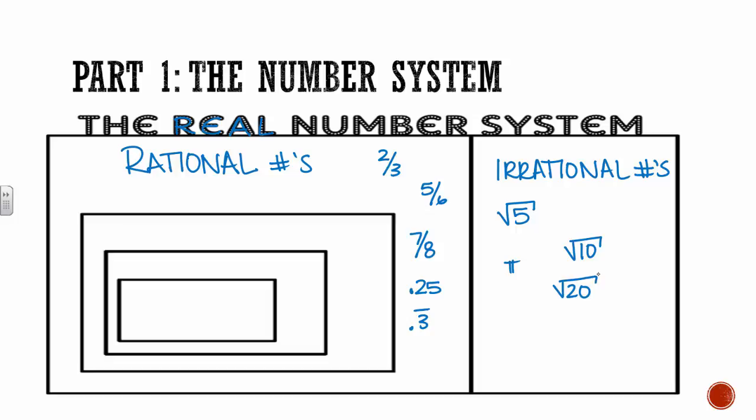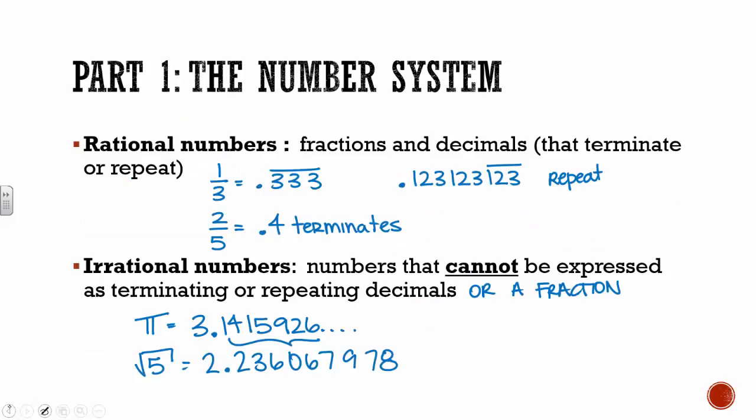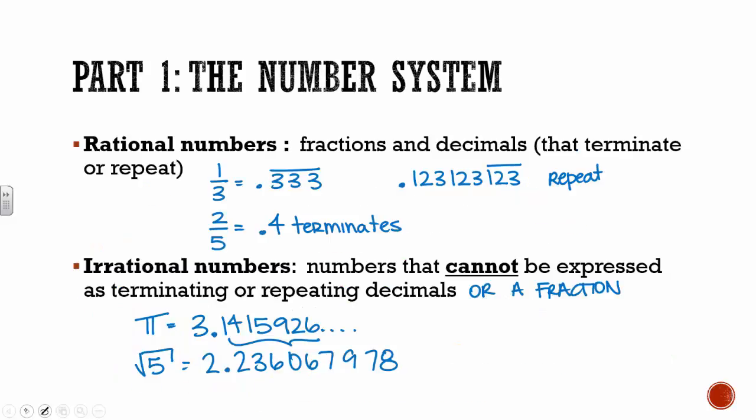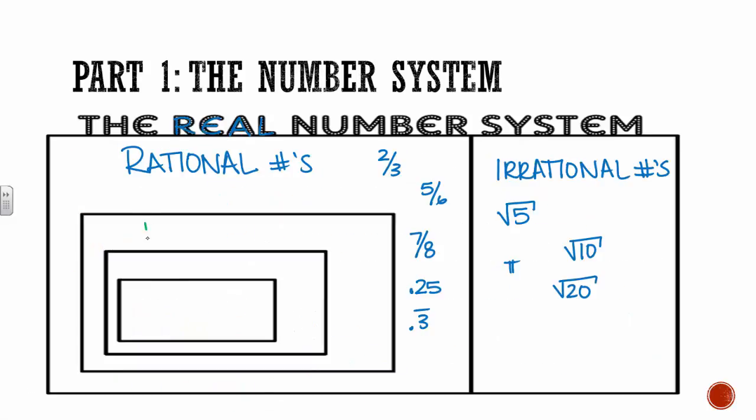Irrational numbers don't have any subgroups, but the rational numbers we can get more specific with. A rational number, remember, could be something as simple as 3, because that can also be written as a fraction. So if we go back and look here, under rational numbers are integers. It includes everything that a rational number had, without the fractions.